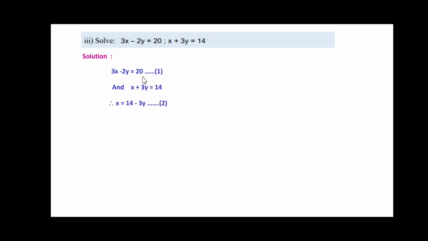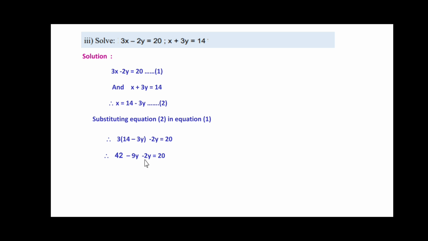Now I'll put this equation 2 in equation 1. So it will become 3 into bracket 14 minus 3y, the value of x from 2, minus 2y is equal to 20. Now we'll solve this bracket. 3 into 14 is 42, and 3 nines are 9, minus 9y, and this minus 2y is equal to 20.